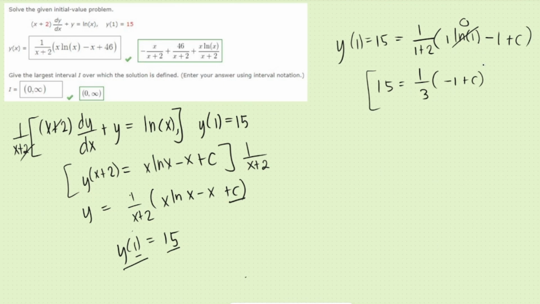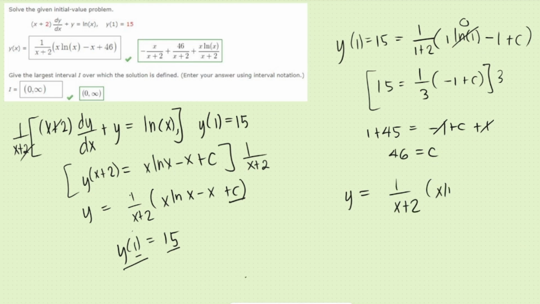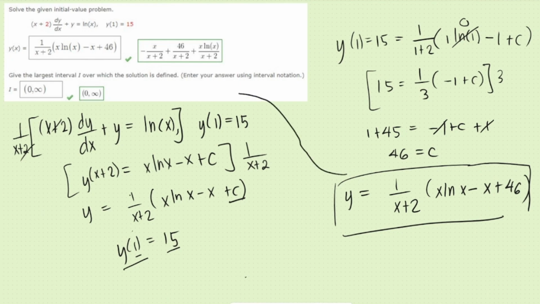So multiply this by 3. We get 15 times 3, 45, is equal to negative 1 plus c. Adding 1 to both sides of the equation, we get 46 is equal to c. So we have our y as 1 over x plus 2 times x ln of x minus x plus 46, which is the same answer in here.